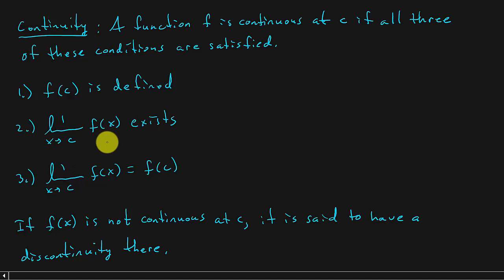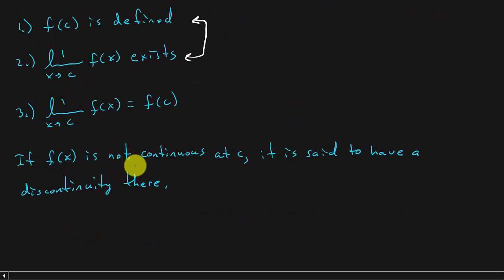The limit of f of x as x approaches c exists, and this limit, whatever we get for this limit, has to equal whatever we get when we plug the number into the function. So basically, if you get numbers for steps 1 and 2, they have to be the same. And then, of course, if f of x is not continuous at c, it is said to have a discontinuity there.